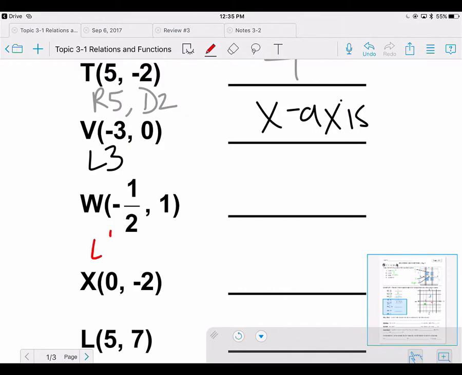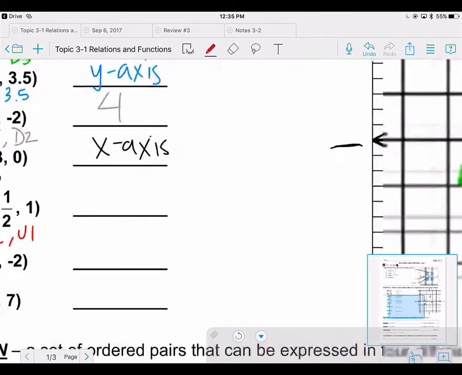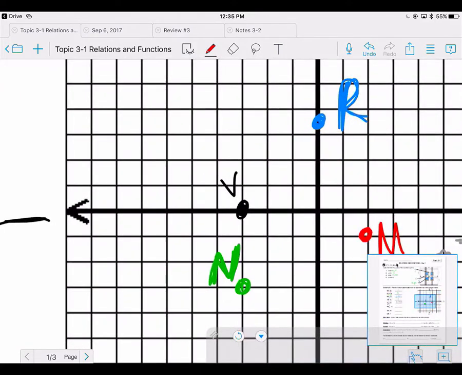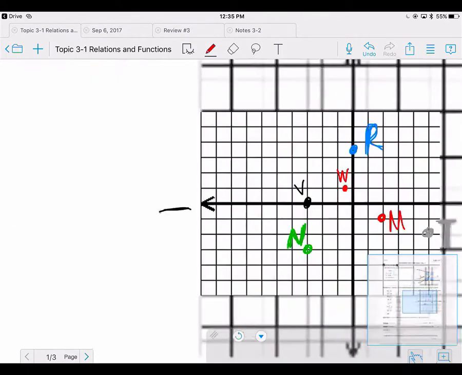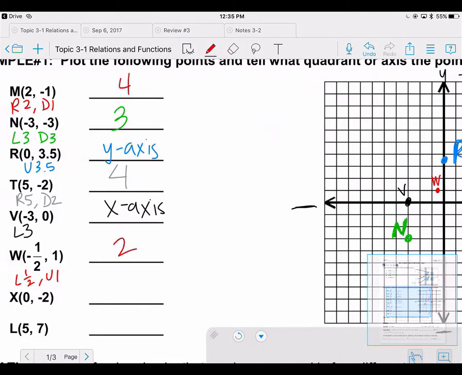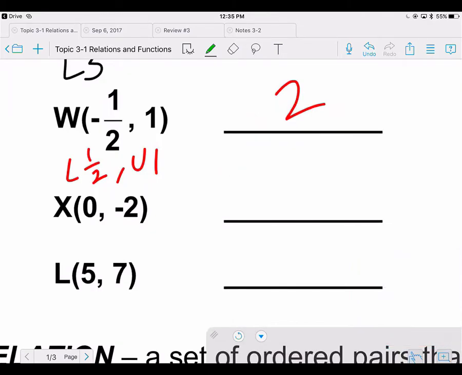W asks us to go left 1/2 and then up 1. So we would go left 1/2, up 1. That's the point W. That's going to be in quadrant 2. 0, -2 means we're not going to go anywhere left or right, but we are going to go down 2.